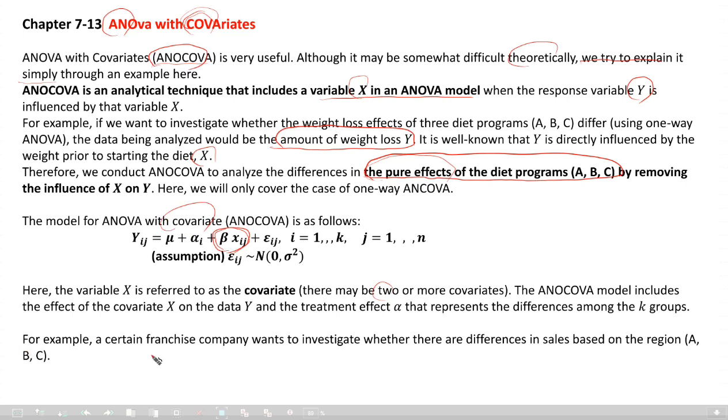For example, a certain franchise company wants to investigate whether there are differences in sales based on regions A, B, and C. The regions mean different cities or territories, or different wealth: high income, mid income, and low income areas.